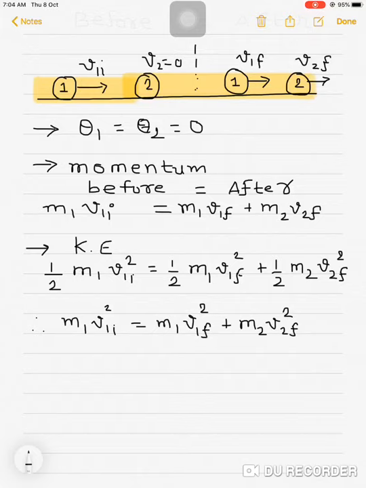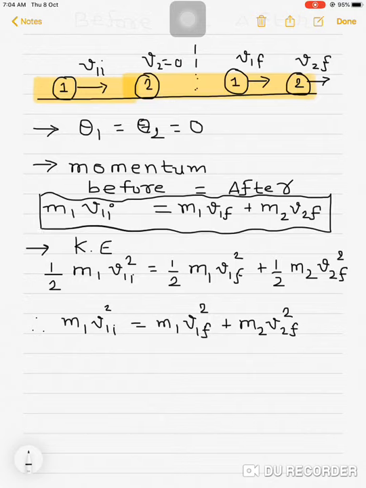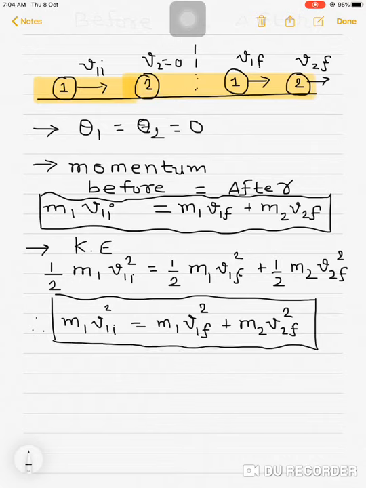Now from equations 6.24 and 6.25 of the textbook, the above is equation number 1 and this is equation number 2. We have to solve these equations.